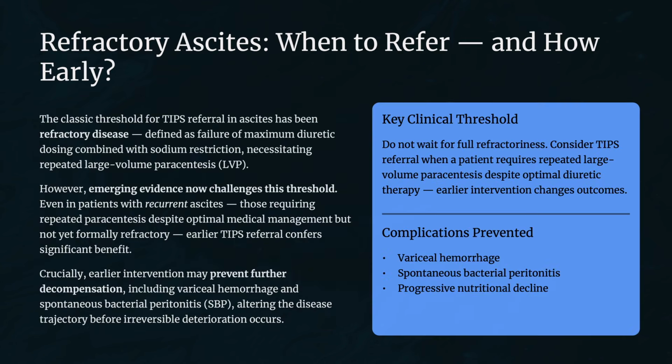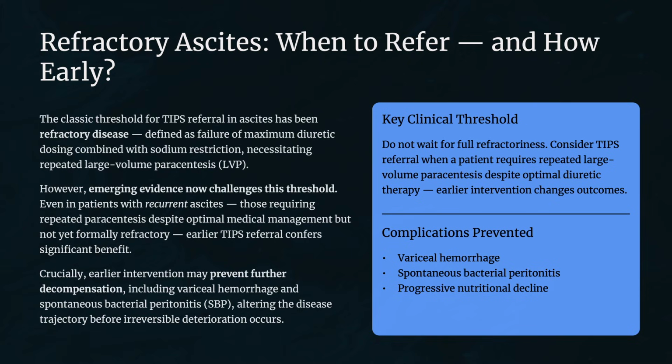Then looking at the second big group in terms of indication. These are your patients presenting with refractory ascites. These patients are typically the ones who've failed maximum diuretics coupled with sodium restriction and are still requiring frequent large volume paracentesis.